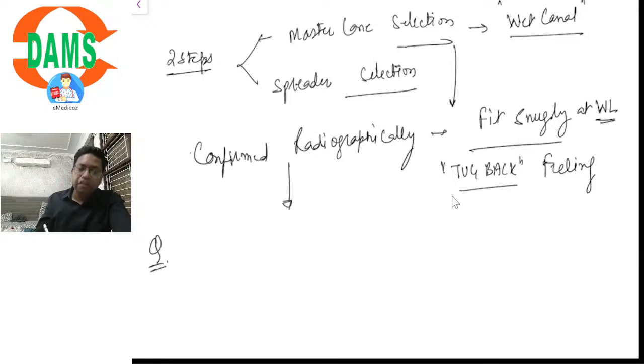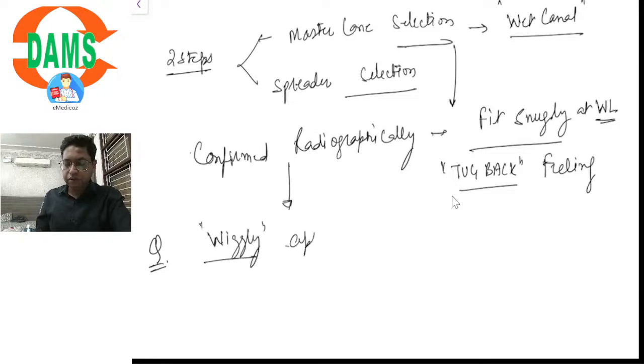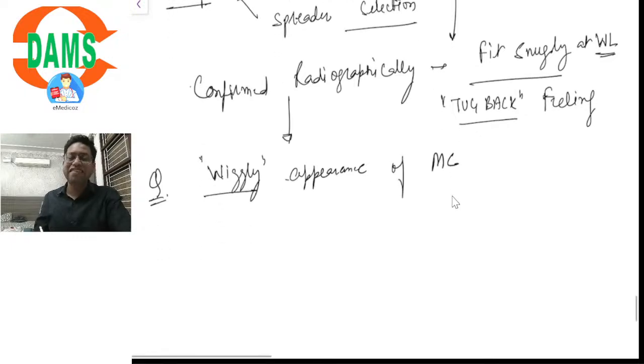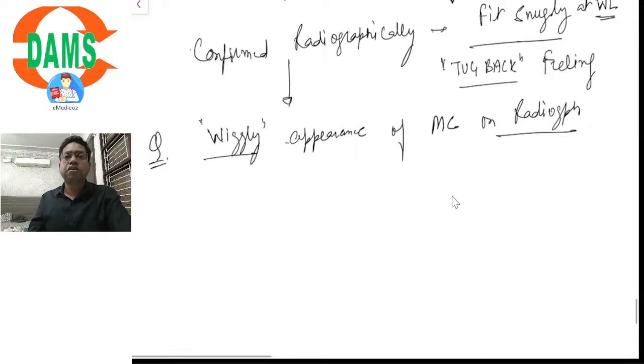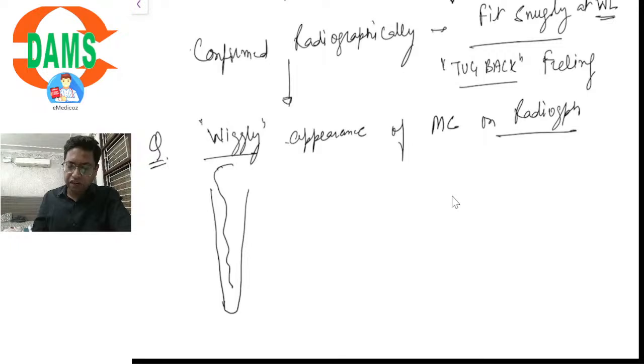One question that is related to the radiographic fit of master cone is the wiggly appearance of master cone. MC stands for master cone on radiograph. You have fit a master cone inside the root canal and taken a radiograph. There is a wiggly appearance. Means this is the root canal and this is your master cone. It would appear on a radiograph like this.